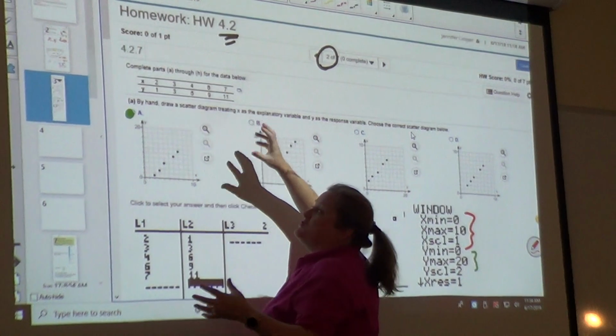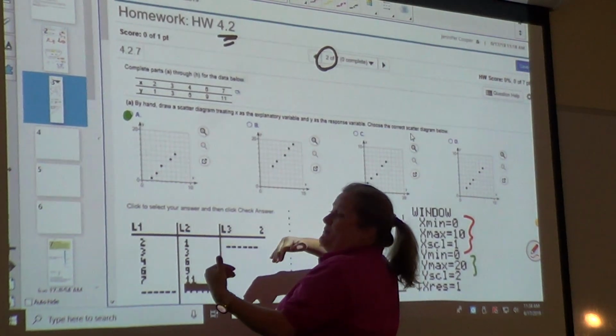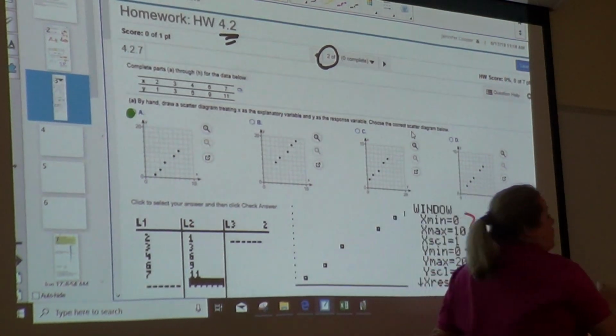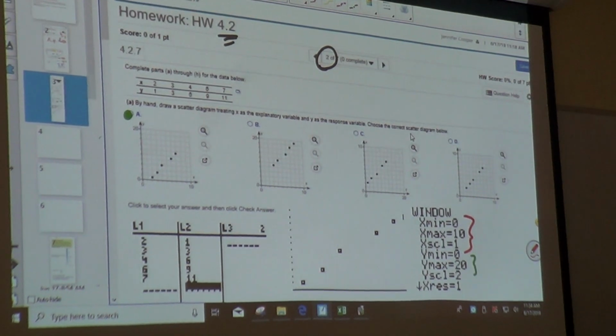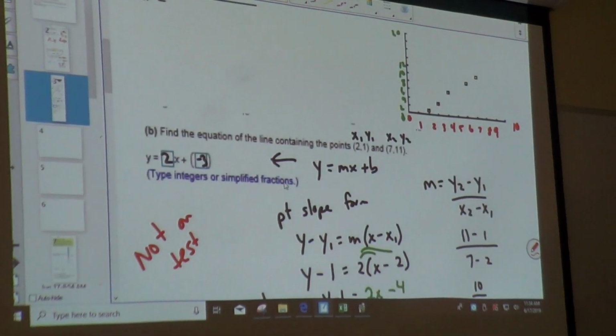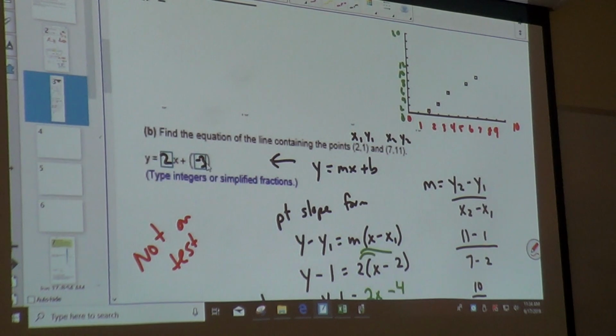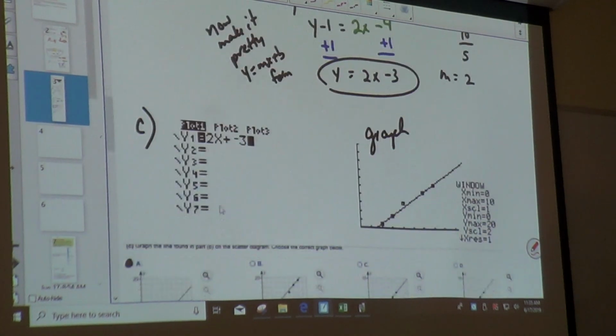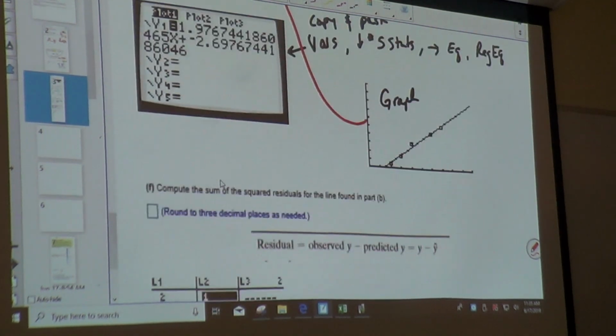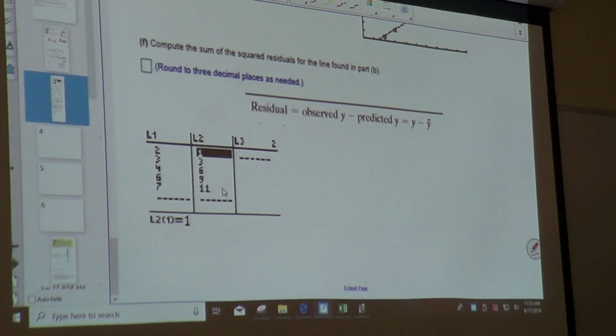Now, I want to predict what's going to happen when I use the equation from part B. Here was my equation from part B, 2x plus a negative 3. So where do I have to go to predict? Second table. But before I can use second table, I need to have part B's equation.